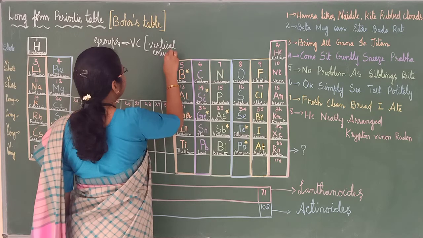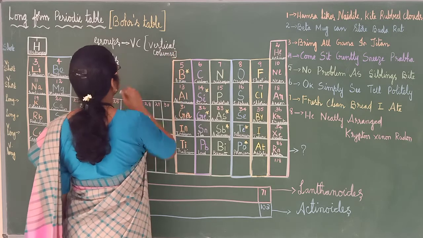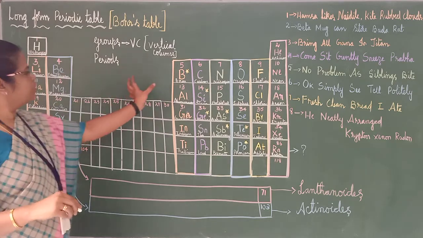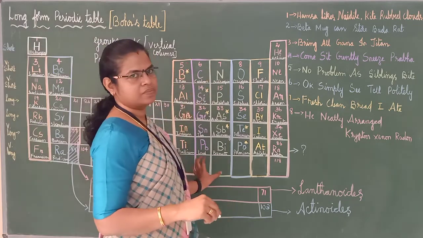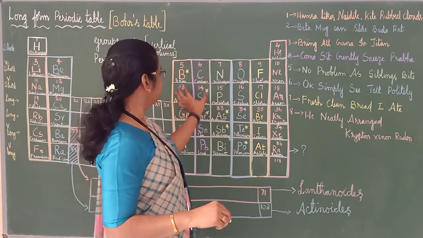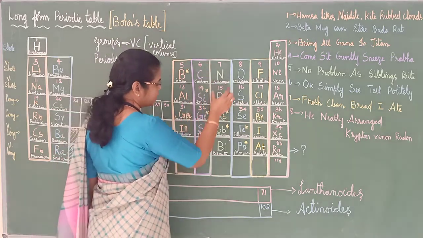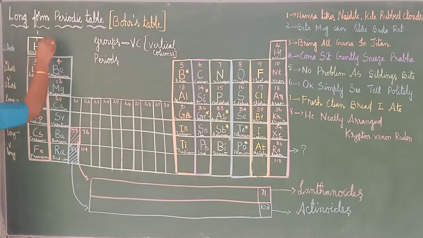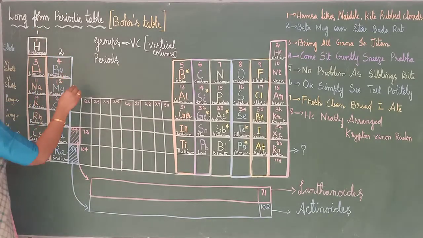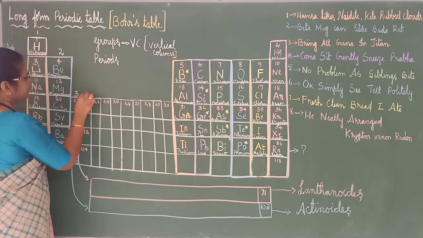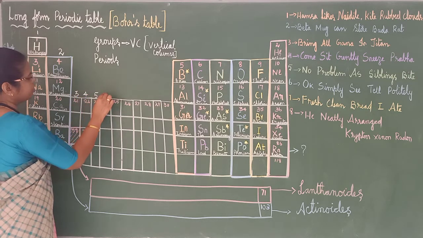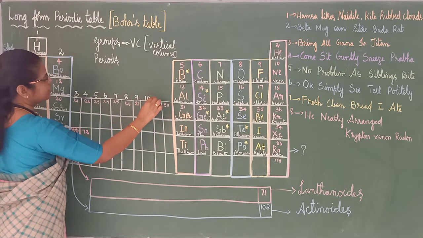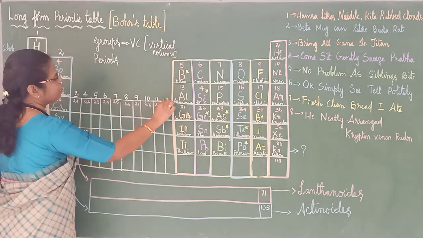What do you mean by vertical columns? This is vertical columns. Vertical columns are called groups. Be very careful. Shall we name how many groups are there? 1, 2, 3, 4, 5, 6, 7, 8, 9, 10, 11, 12.